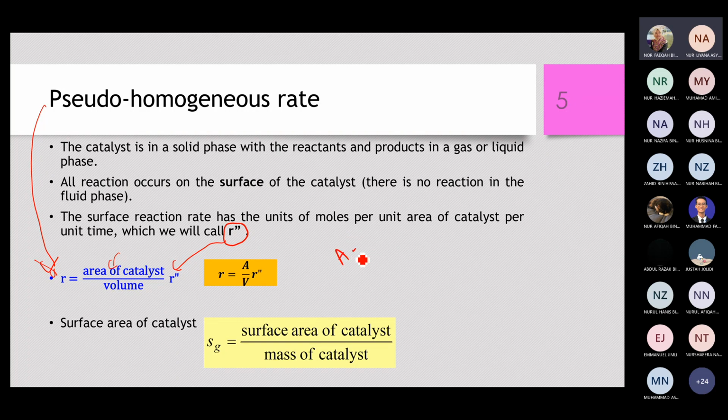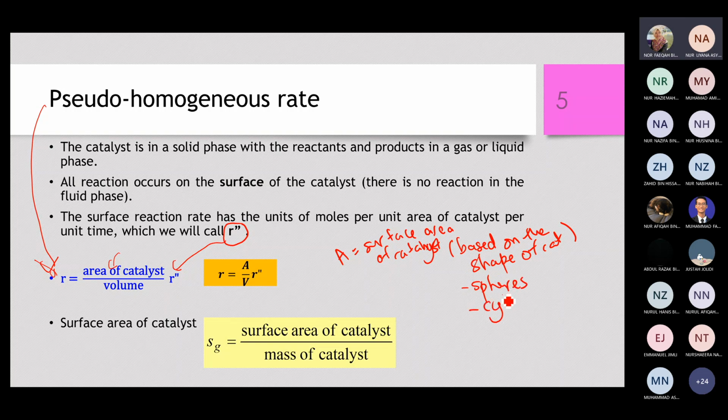So A ni, surface area of catalyst, and it is based on the shape of catalyst. So it can be spheres catalyst, cylindrical catalyst. So it depends on the shape of catalyst.